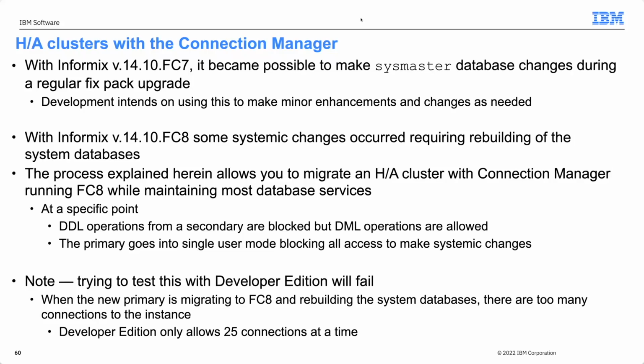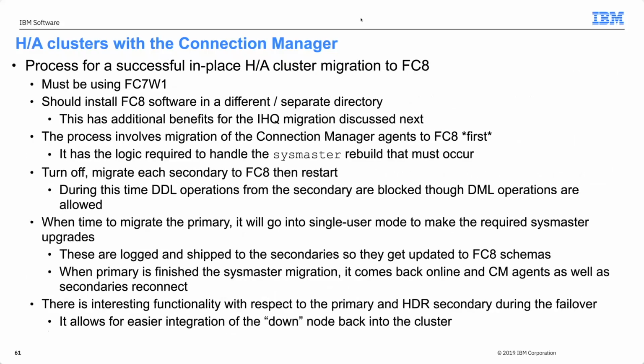And during the primary upgrade process, we attempt to invoke far more than 22 concurrent sessions to rebuild sysmaster. So it causes the instance to become unreliable and you have to shut it down. So if you want to test this, download Innovator C and you can test the migration process using that.